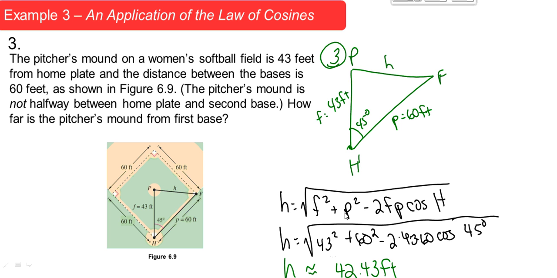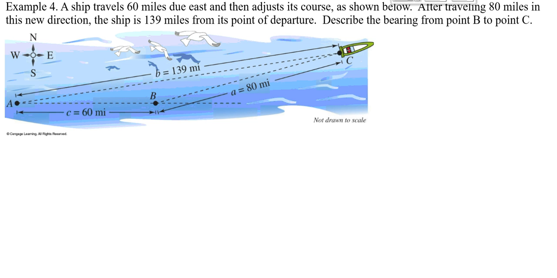So our next problem is going to be another direction and bearing problem. After our last exam, I'm just going to remind you that for ships, bearing is north or south first, then east or west second.